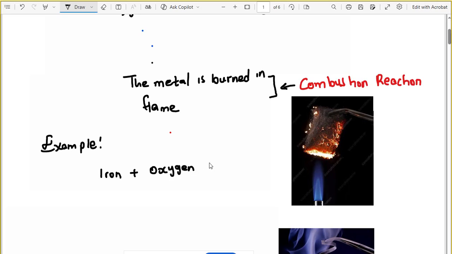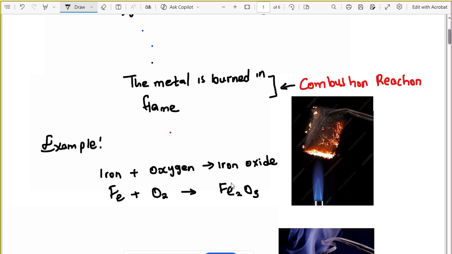Yes. And then we get iron oxide. So now iron, that's Fe, reacts with oxygen, which is diatomic, and they give us what? Fe2O3. So iron oxide is always Fe2O3.